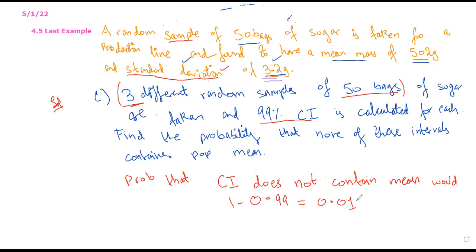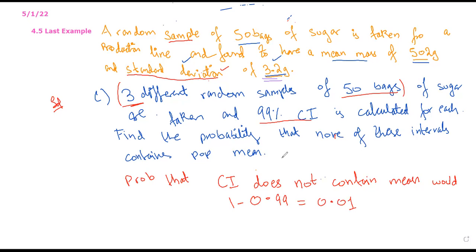So far we are just dealing with the question. We have not discussed how to solve it because we have not actually read the question part. Now the question says, find the probability that none of these intervals contains the population mean.